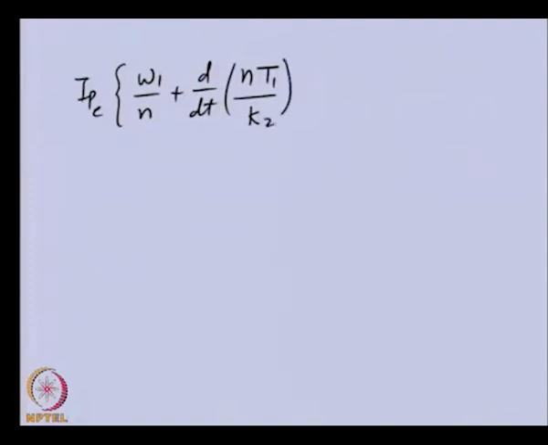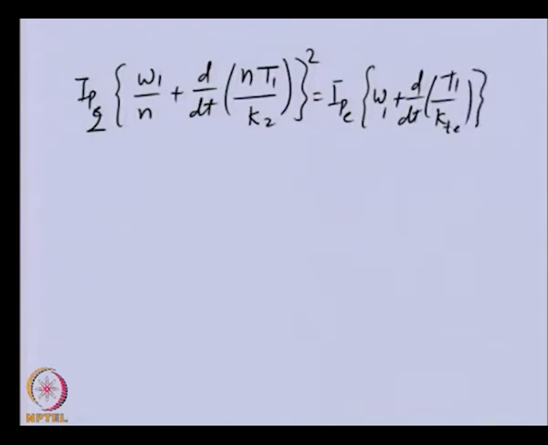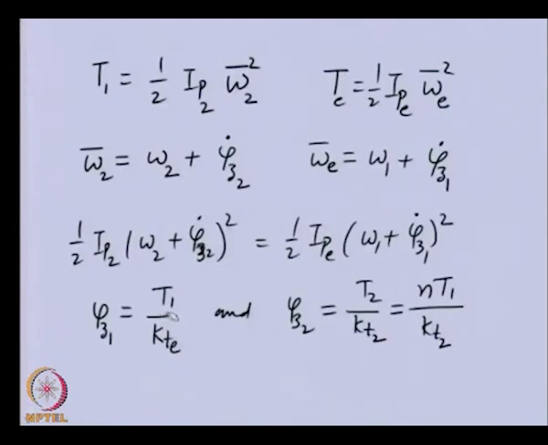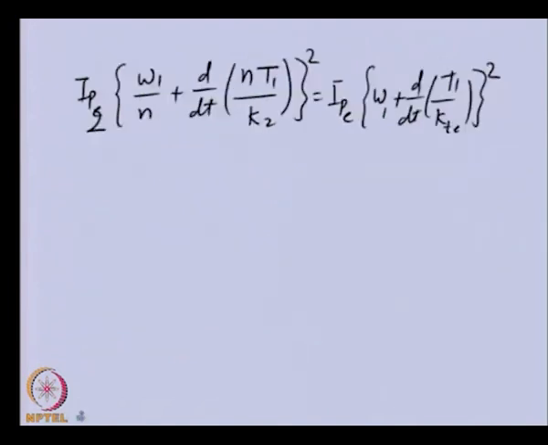This is the actual system, with K T 2 and I p 2, and this is I p e for the equivalent system, whole square. So basically, we have substituted this quantity here and this quantity here, and we used the gear ratio to convert everything in terms of omega 1 or phi z 1.